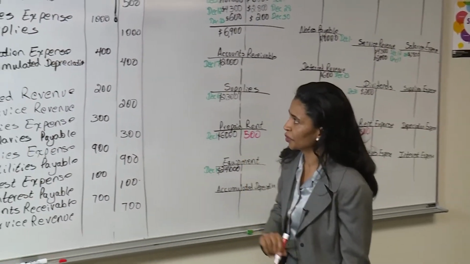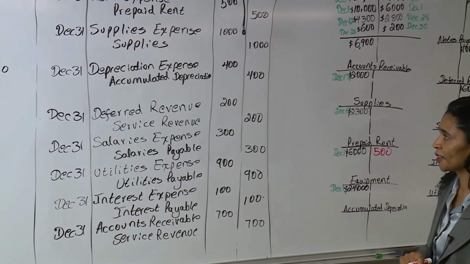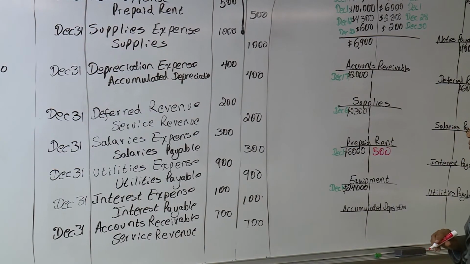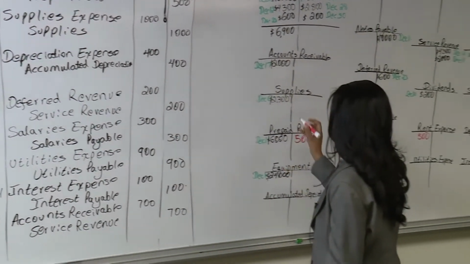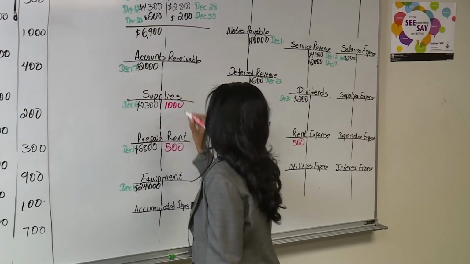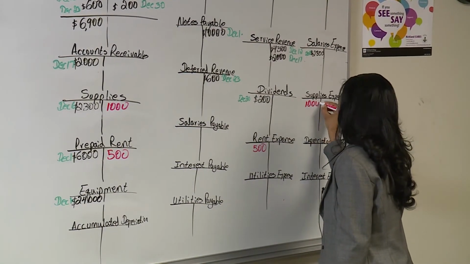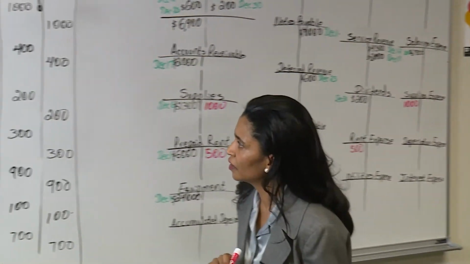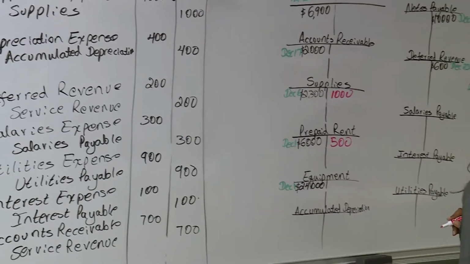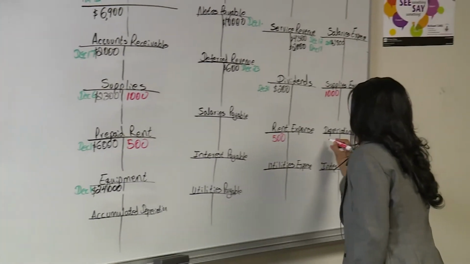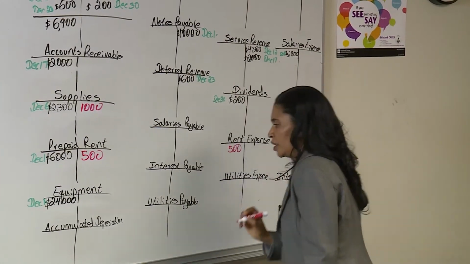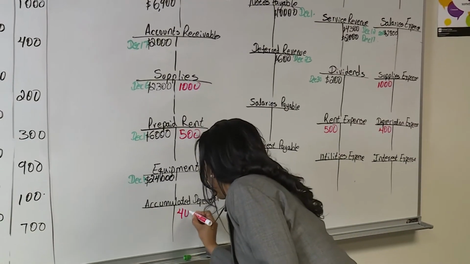I use the red mark so that you will see the difference. Supplies expense, supplies credit, and the supplies expense account debit. Depreciation expense and accumulated depreciation, 400, and accumulated depreciation 400.